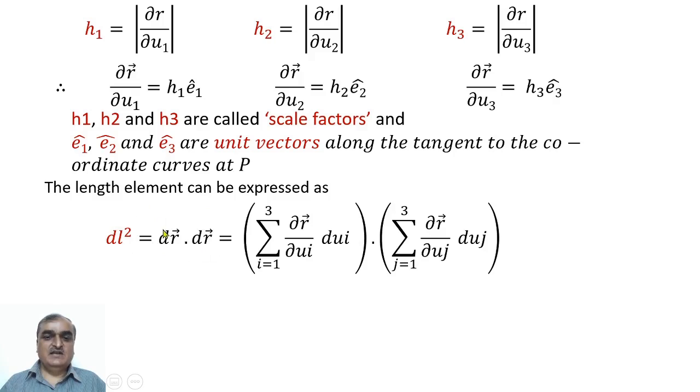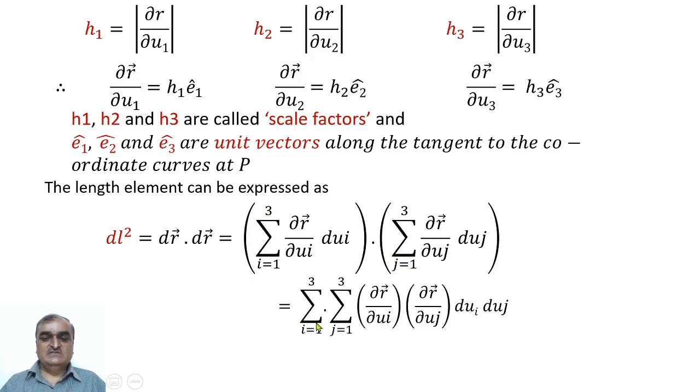But we have just seen dr bar is equal to this. Then use two suffixes, i varying from 1 to 3 and j varying from 1 to 3. Then we get this equation: the summation over i equal to 1 to 3 and j equal to 1 to 3 of ∂r bar by ∂ui into ∂r bar by ∂uj into dui into duj.